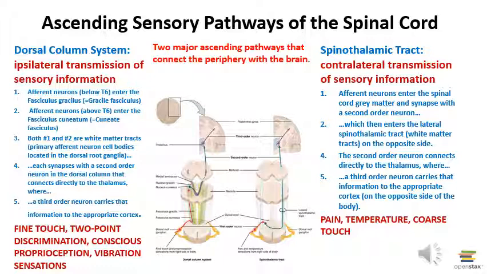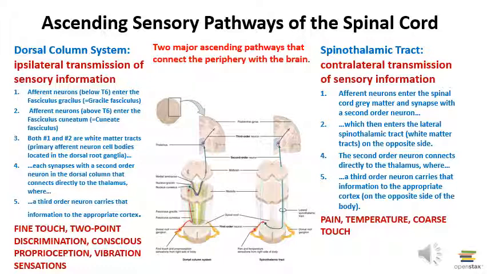That second order neuron ultimately connects directly to the thalamus, where, as before, a third order neuron is going to carry that information to the appropriate cortex. But this time, it's on the opposite side of the body. So I see pain, temperature, and coarse touch. If you're experiencing pain on the right side, it's going to travel to the left. If you experience pain on the left side, it's going to be processed on the right.